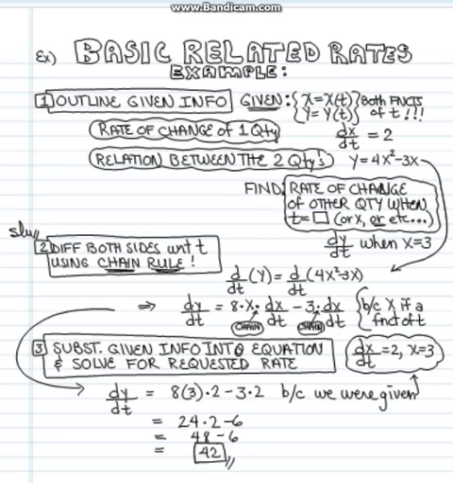Okay, so take the result of step 2. dy/dt equals 8 times 3 times 2 minus 3 times 2, and simplify that. The rate of change of y with respect to t is 42. Now we're going to do a whole bunch of examples that will all follow this basic outline. Some easy, some more difficult.